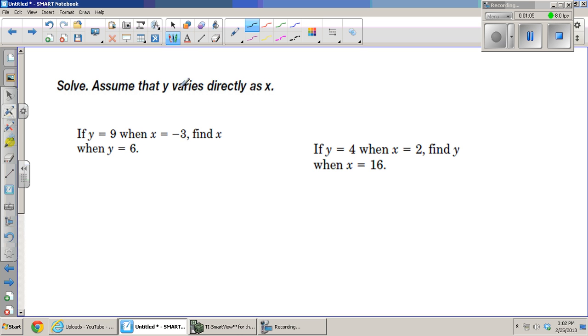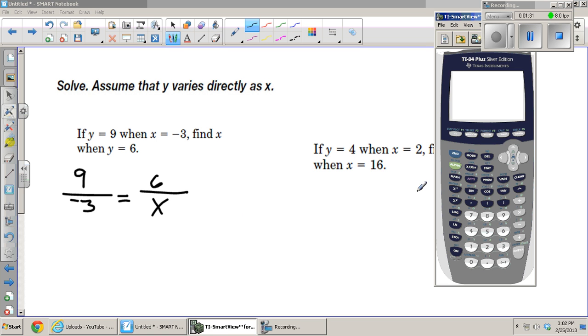Alright, it says assume that y varies directly as x. So we see it says direct. We're going to take the first y, 9, and put it over the first x, which is negative 3. That's going to equal, the y's on top, so the second y is 6, and we're looking for the second x, which goes on bottom. Now, the easiest way in the world to do these in a calculator is to find the number that's with the variable, in this case 6, and put it in the calculator first.